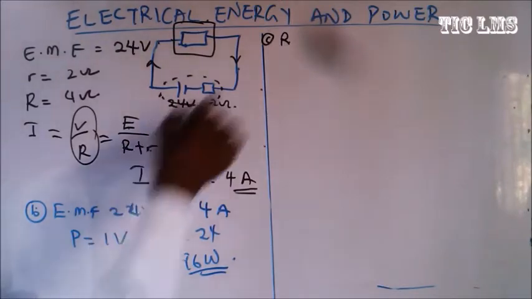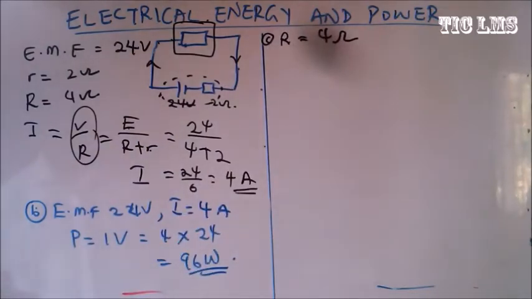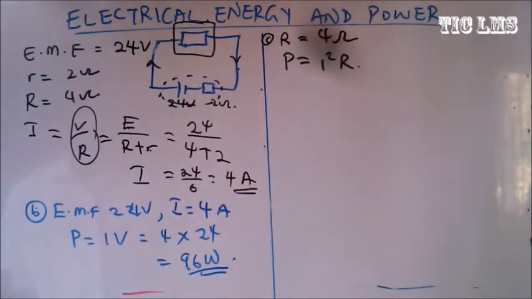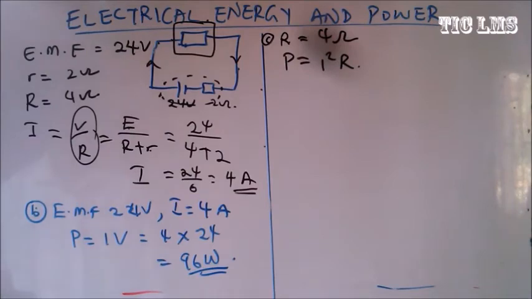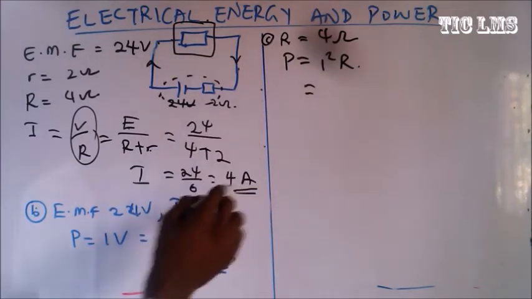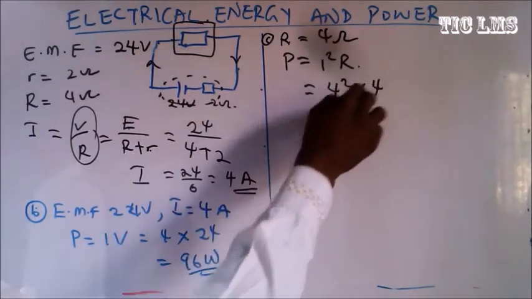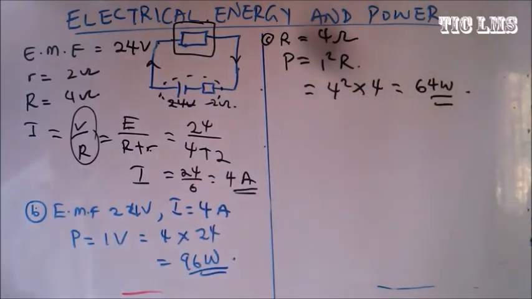Alright, so our R, that's the external resistance, is 4 ohms, and so we'll have it that the power output in this case equals I squared R, because we are interested in the current as I, then R. We will not be using the voltage here. So we'll have it that our I is 4 squared, then R is 4 as well. So 4 squared is 16. 16 times 4 gives us 64 watts. So that is the power output. And from here we could quickly generate the power loss.